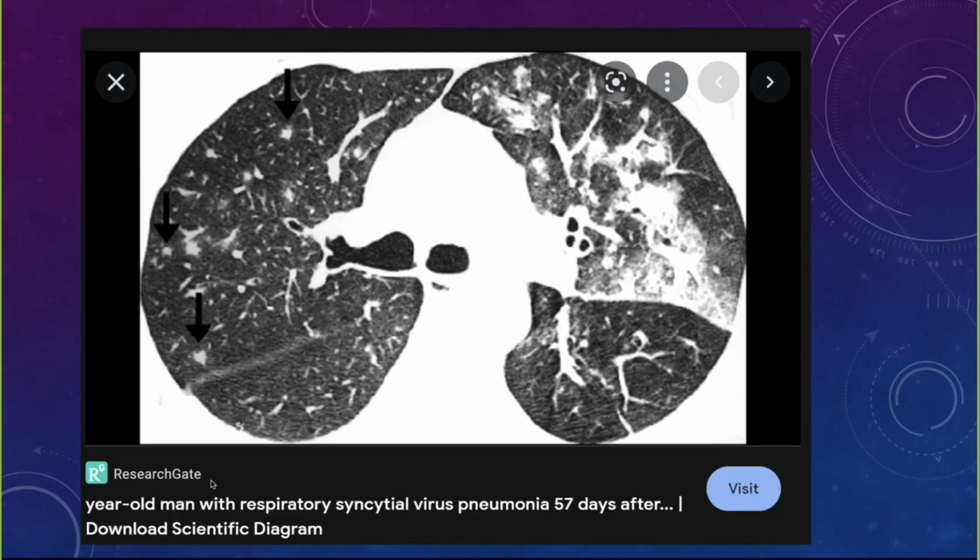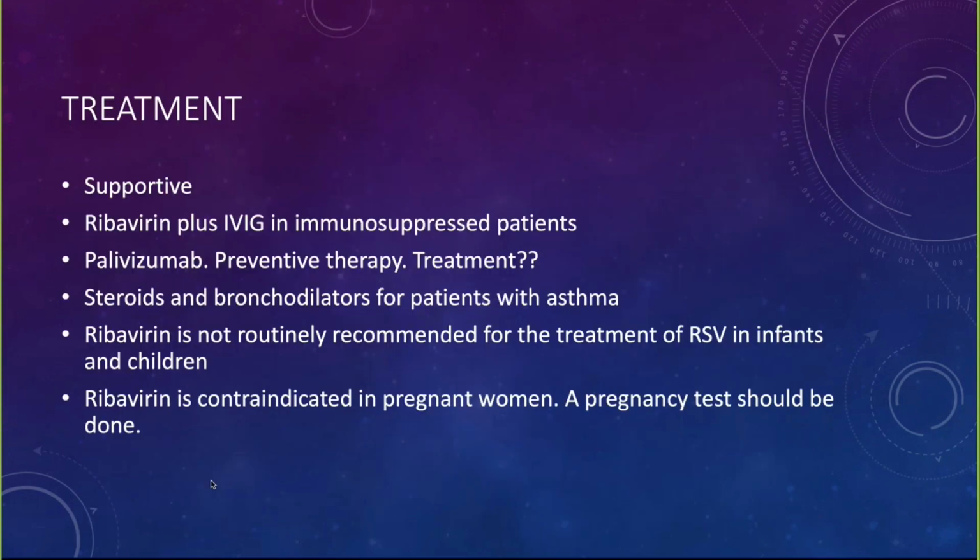This is just a CT of a patient who had an RSV pneumonia 57 days after allogeneic stem cell transplant. And you see these patchy small nodules and patchy ground glass, and it has coalesced here into a consolidation. Just like with parainfluenza, sometimes those patients can have secondary infection due to bacteria or mold.